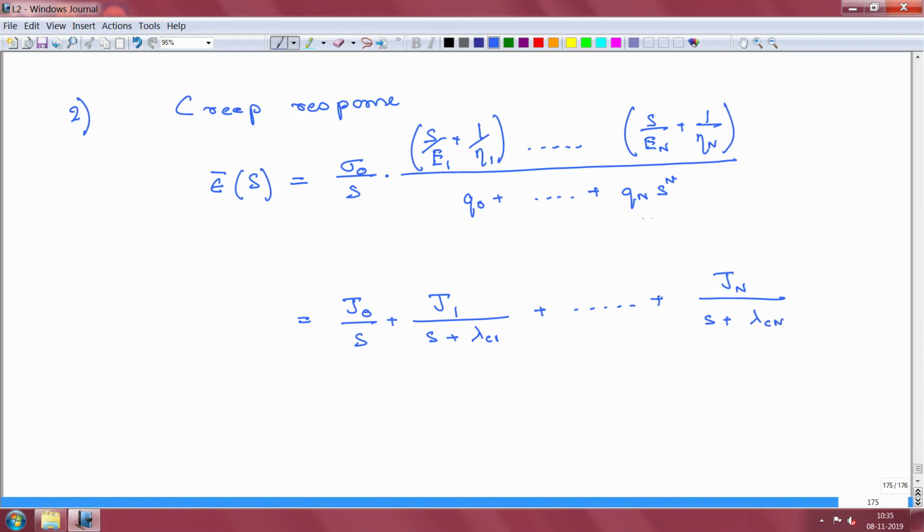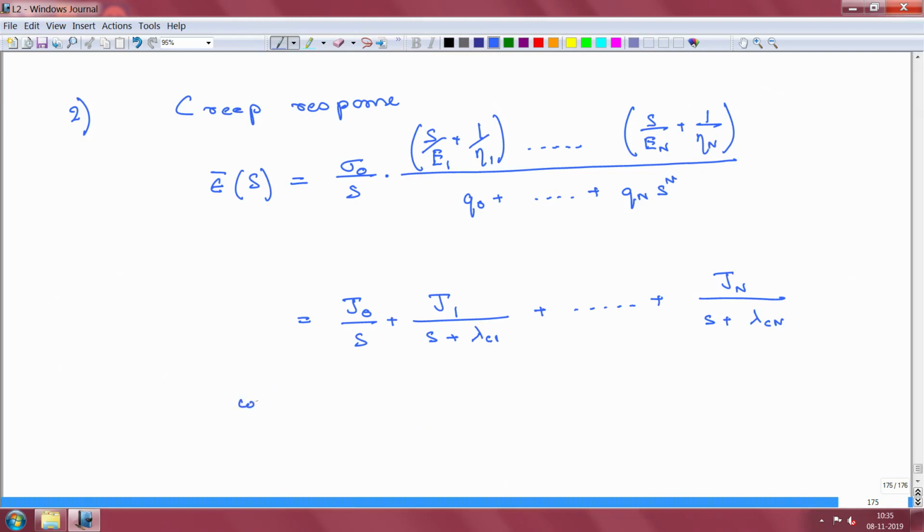I said that this denominator is not easily factorable, but it is still a polynomial, so you will have your different roots. If you determine all that, you now have to determine the J naughts and all these different constants. Because the previous equation is given to you, these are all again determinable.